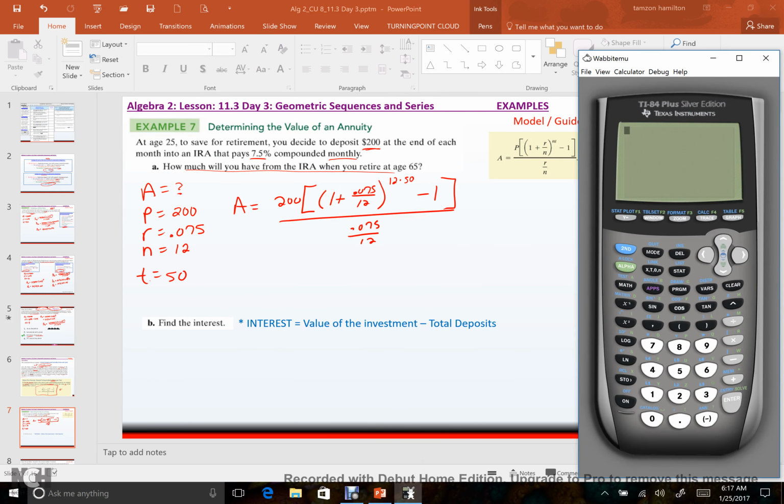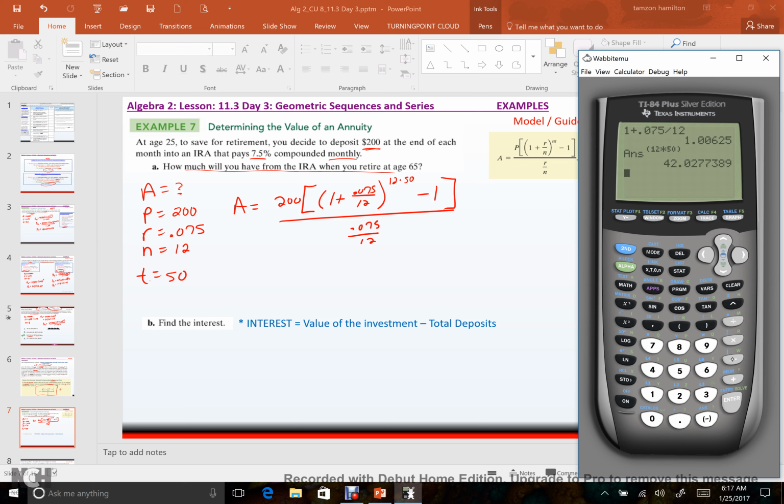So, figure all that. I'm going to work from the inside out. I'm going to start on the inside parentheses. So I'm going to do 1 plus 0.075 divided by 12. Enter. And then I have to raise that. So caret, parentheses, 12 times 50, enter, and I get that.